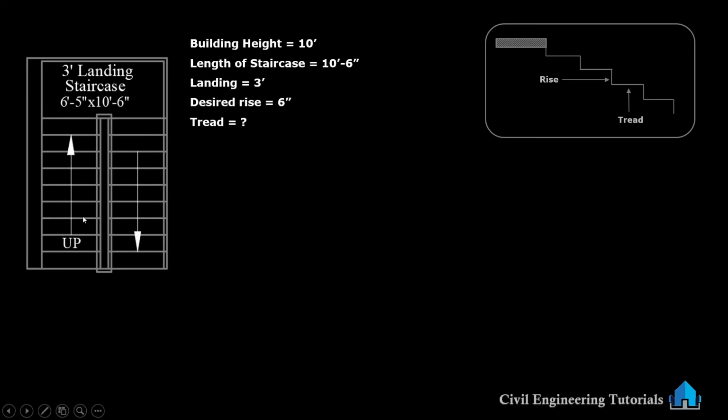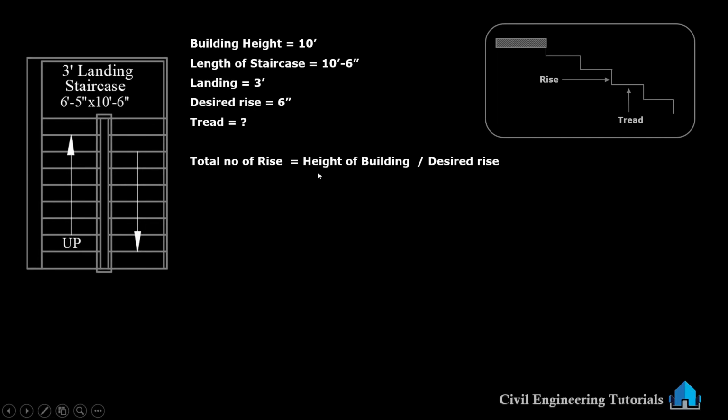These lines are risers, and this space is the tread. Okay, so first we have to calculate the total number of rise.